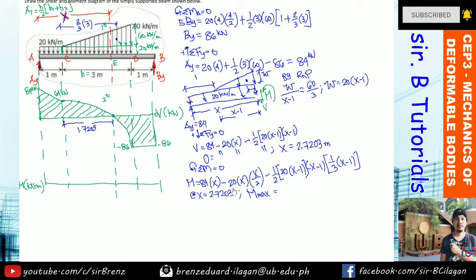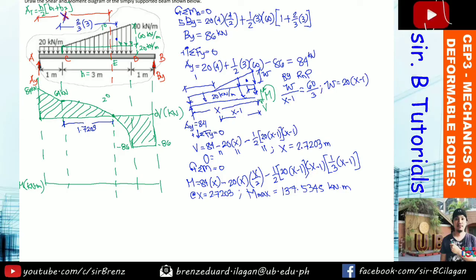Okay, so calculate, 2.7203. So we got the maximum moment answer of 137.5345 kilonewton meter. Okay, so I think we can now plot the moment diagram.